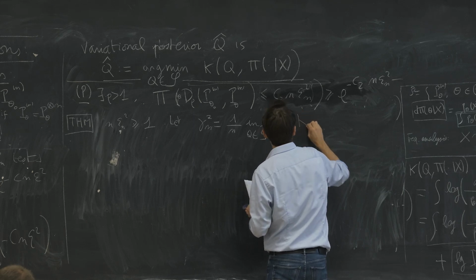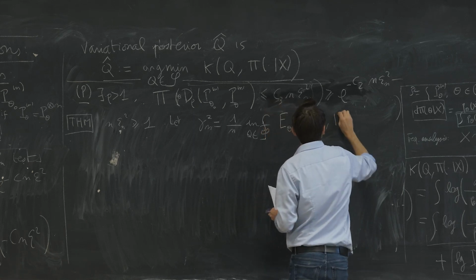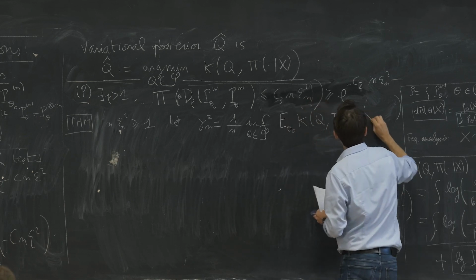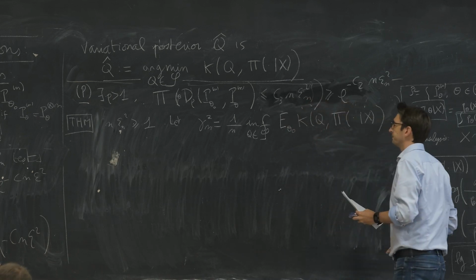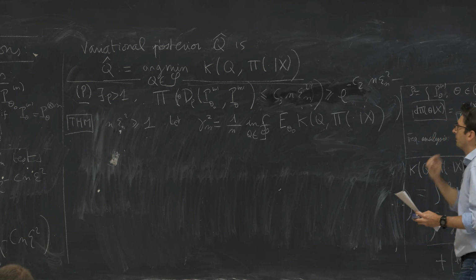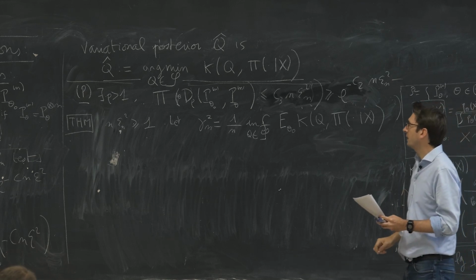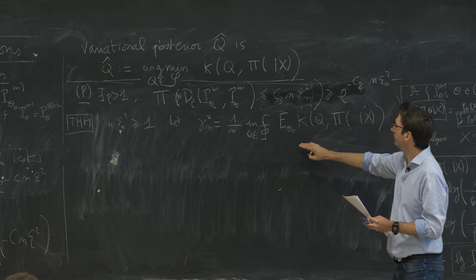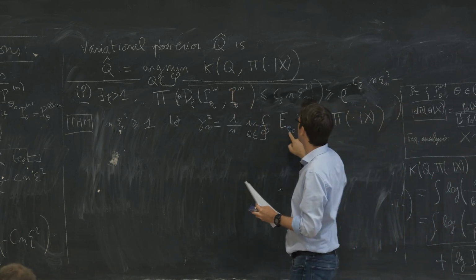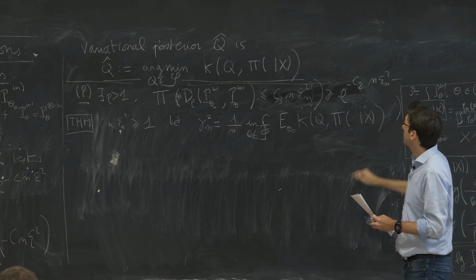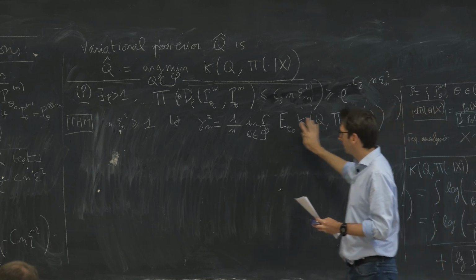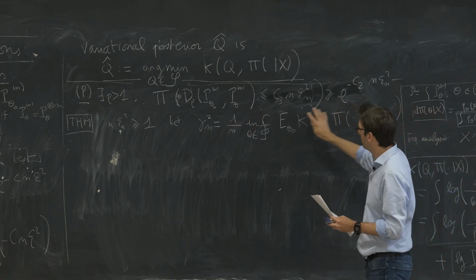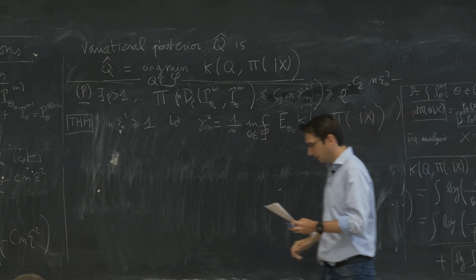In a sense it's a meta theorem, because the statement still depends on the posterior, but it's already simplified a bit. This is a quantity that measures the infimum, almost like this, but there is an expectation, and there is still the posterior in there. After this, I'll have to tell you how we bound this quantity.